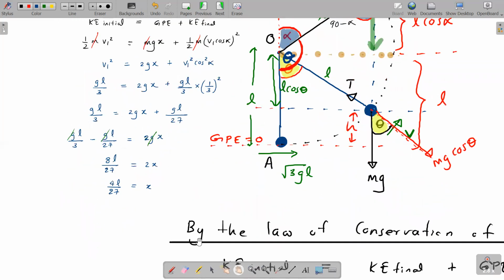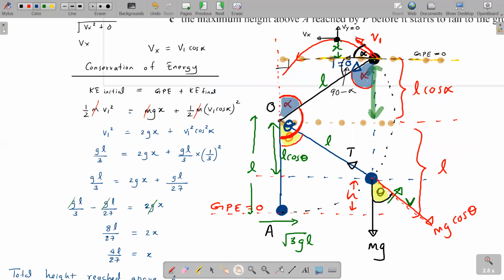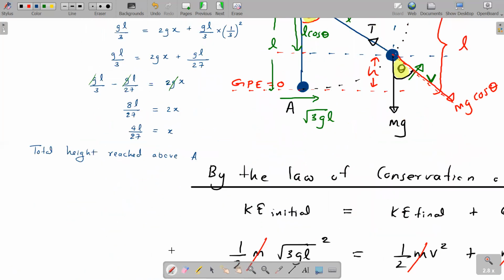So what's the total height reached above A? The total height you reach above A is L plus L cos alpha plus x.